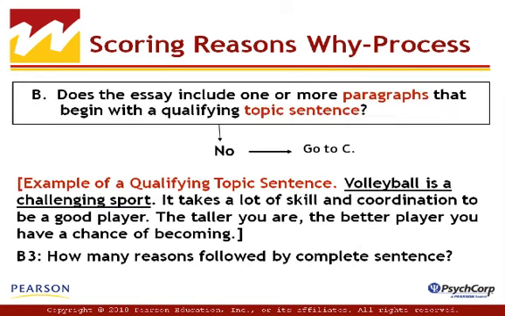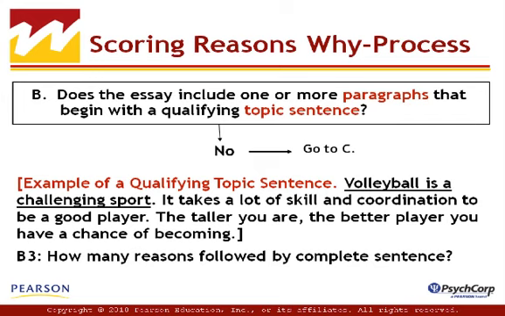But let's say the individual didn't use restatement. Does that mean there are no reasons? Not necessarily. I could write several paragraphs, and for each paragraph, the first sentence of each paragraph is a sentence that summarizes everything in the paragraph. That's a qualifying topic sentence.